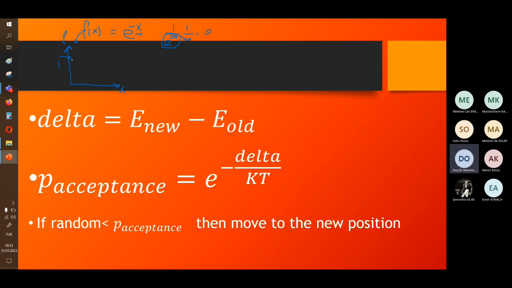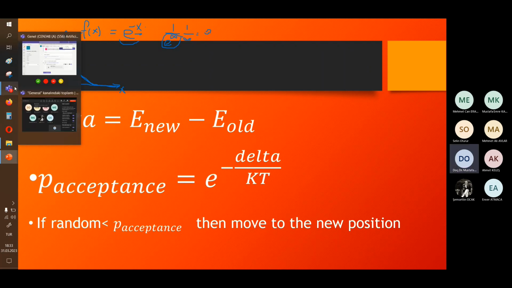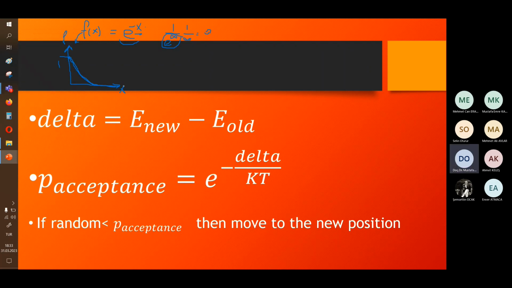So it will be decreasing exponentially, then it will go to 0 as x gets larger. This is the e power minus x function.